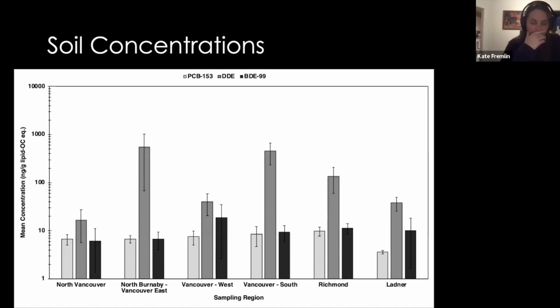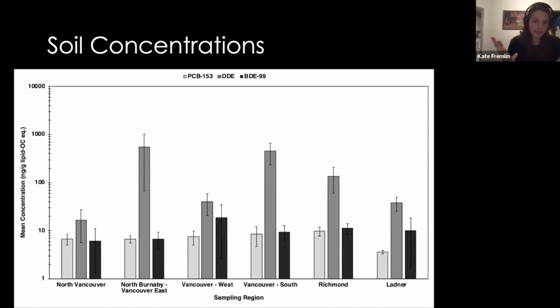I will point out though that since we've banned these chemicals like the PCBs and these flame retardants, my supervisor, John, who continues to study various organisms, for example seabirds, which they've been studying since the 60s or 70s, has seen that over time there have been declines in these chemicals in the eggs.